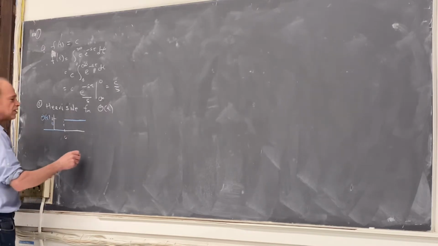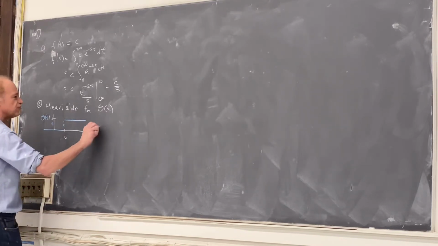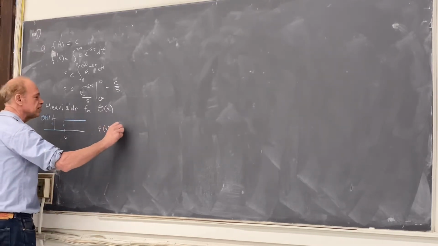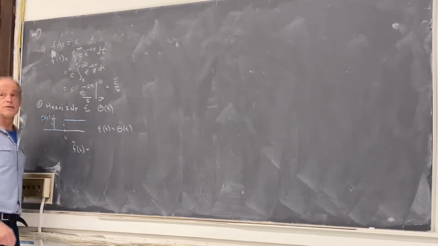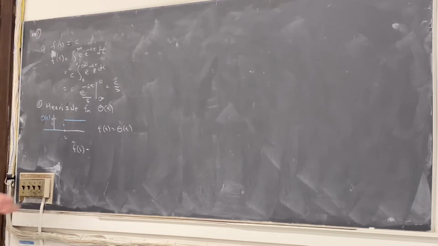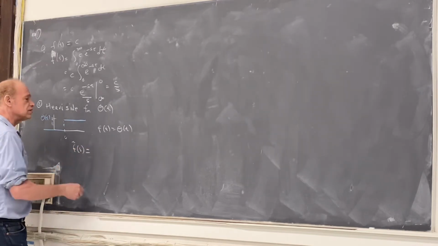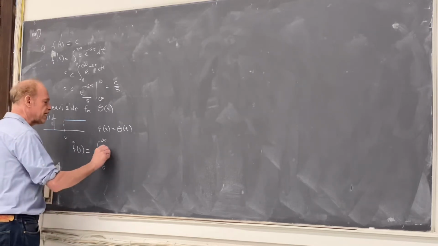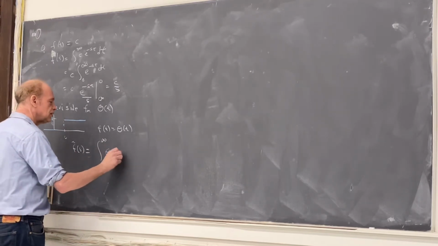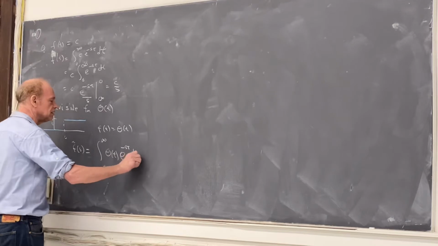So let's look at that. Let f of t equal theta of t. Then f tilde of s is the integral from 0 to infinity of theta of t e to the minus st dt.